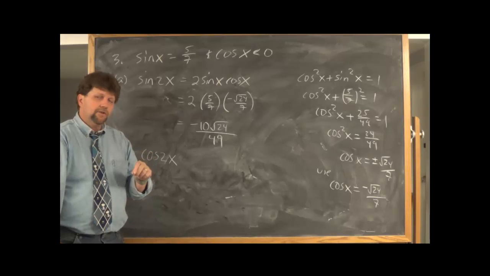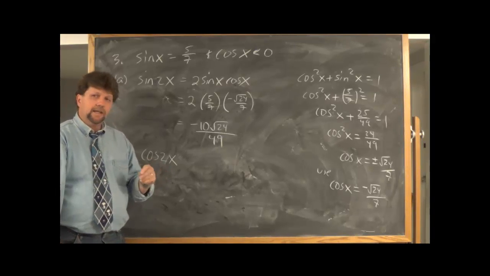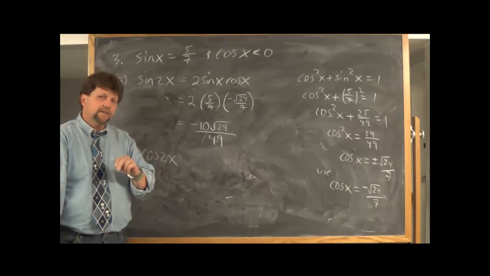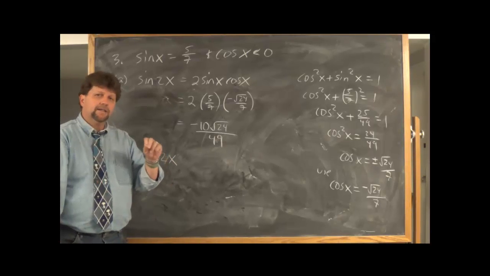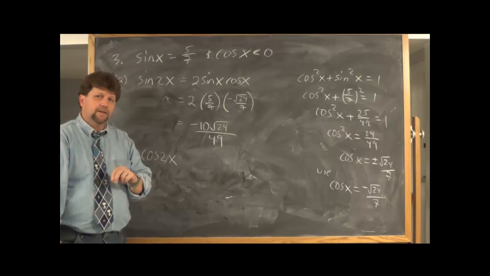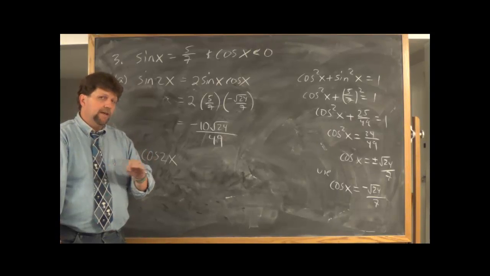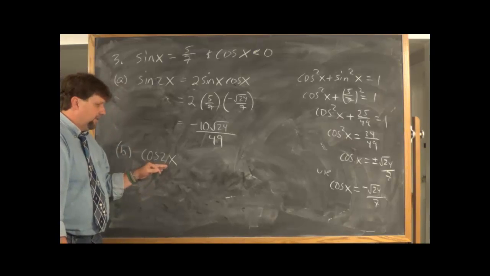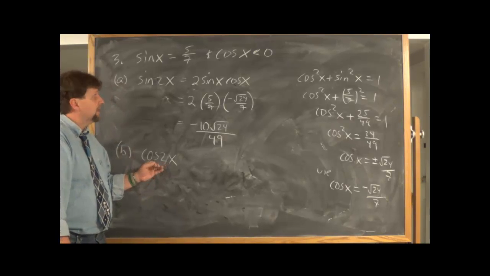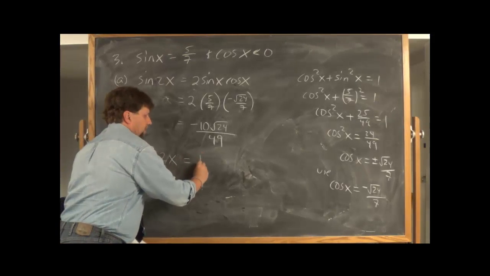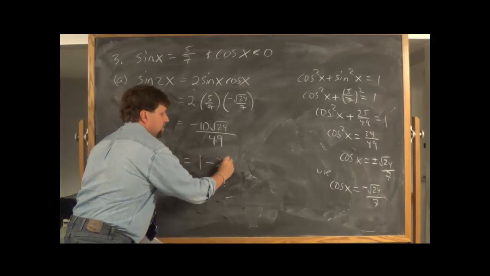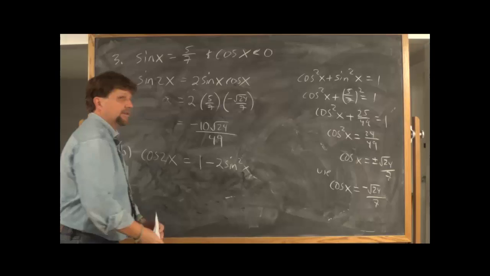You need to know the cosine of 2x equals cosine squared x minus sine squared x, or cosine 2x equals 2 cosine squared x minus 1, or cosine 2x equals 1 minus 2 sine squared x. Technically, I can use any one of those three for this problem. The one I will use is that cosine 2x is 1 minus 2 sine squared x.